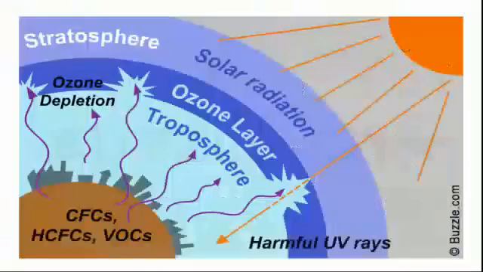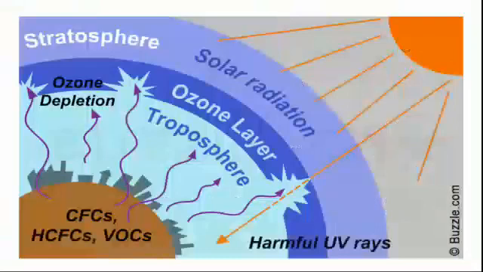In this picture you can see how the ozone layer is a protective shell of our earth, and there is a depletion in the ozone layer due to gases like CFCs, HFCs and VOCs.